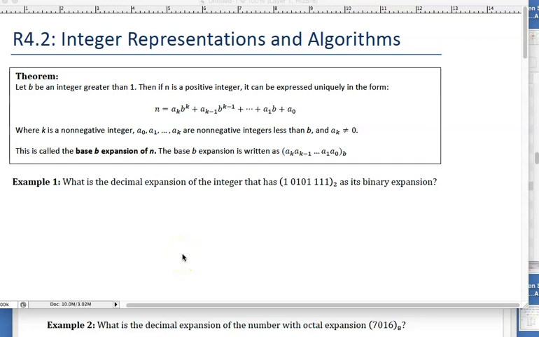Right, so we are in section 4.2, which is called Integer Representations and Algorithms. So we're going to work with number bases. We've seen converting from decimal to binary, and from binary to decimal.